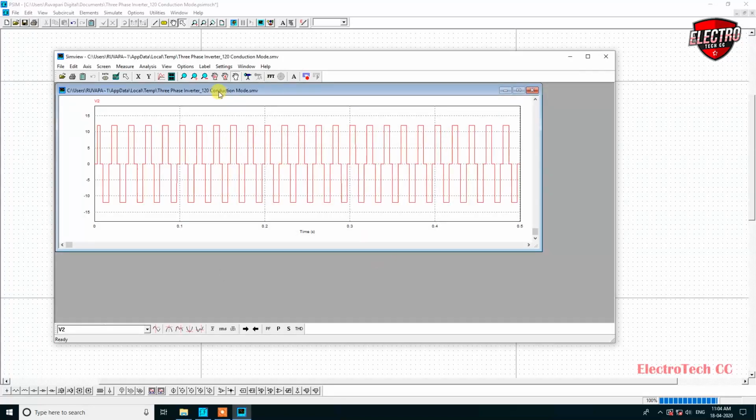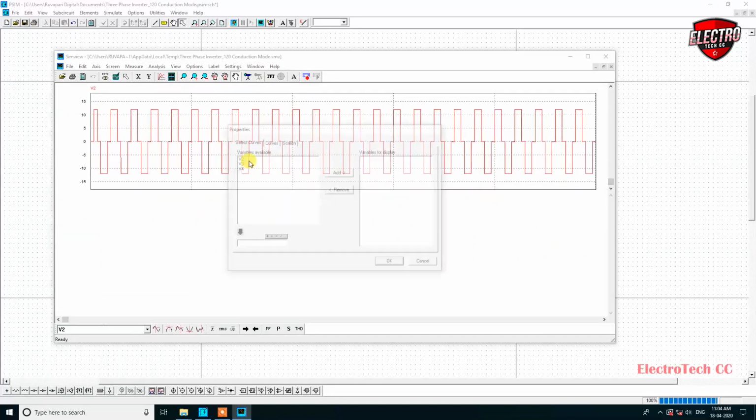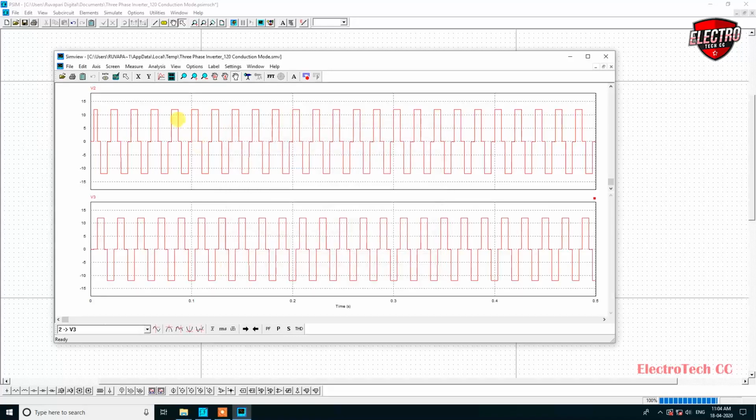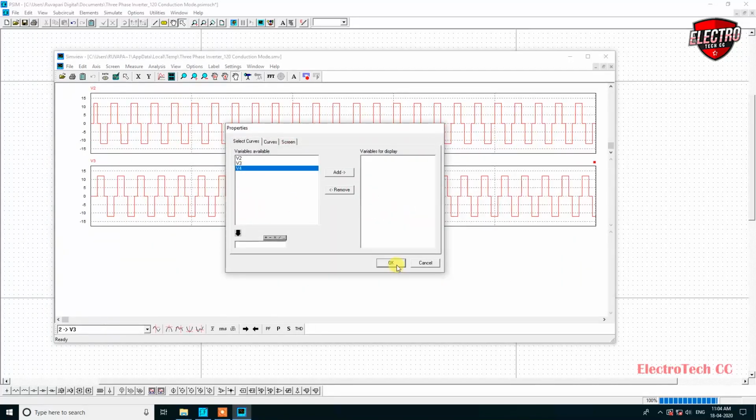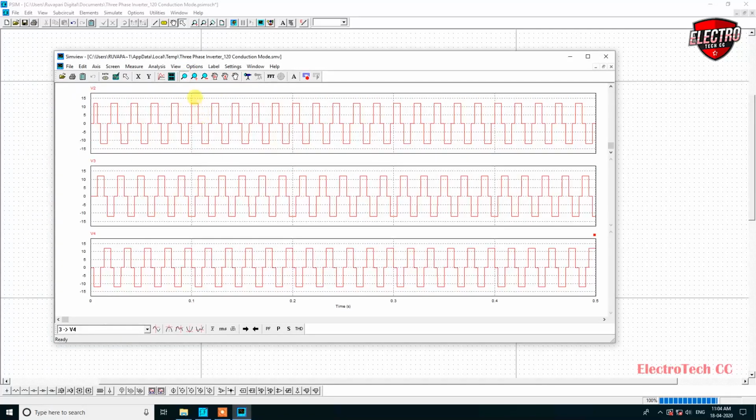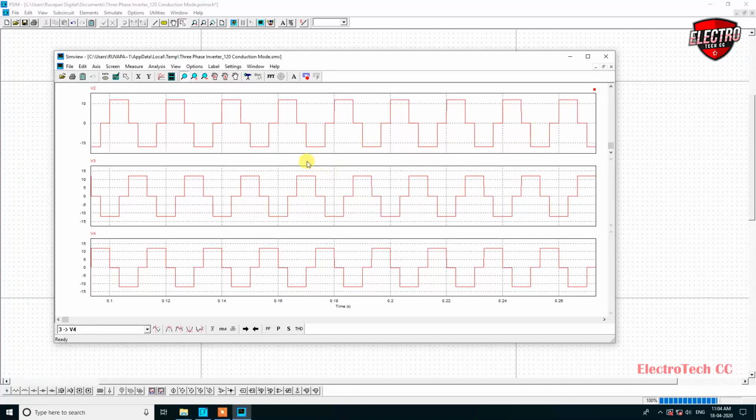So it will give us a quasi square wave, and in each phase there is a 120 degree phase shift. So first phase, second phase and third phase, each phase has a 120 degree phase shift from the previous one.